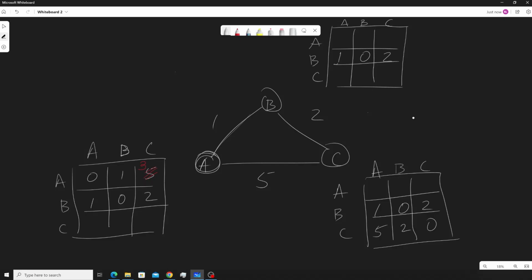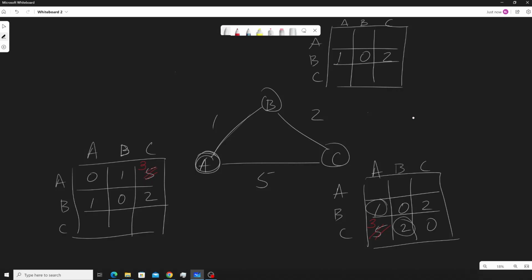So from C, we can get to B with a cost of 2. And from B, we can get to A with a cost of 1. Okay. And so this, again, means that we should be able to get to C with a cost of 3. Okay, and so these tables are going to be exchanged until all the results converge, and they'll continue to share information.